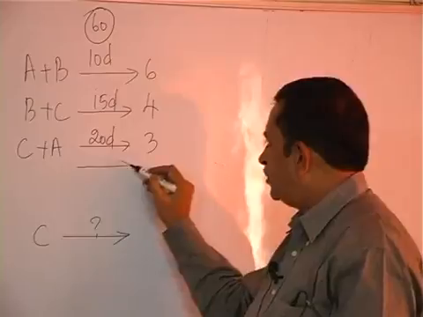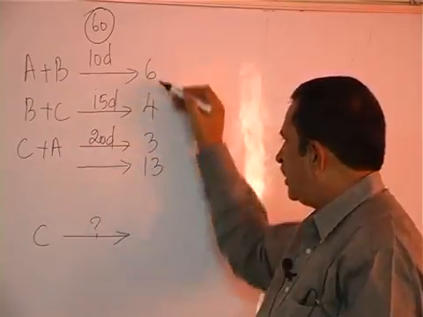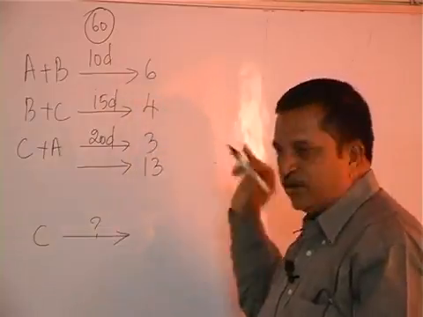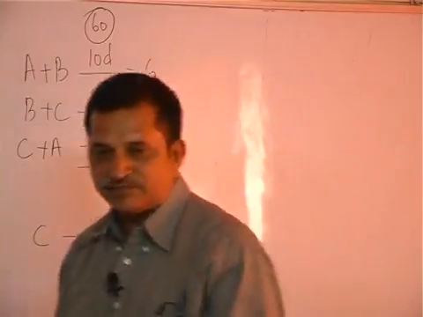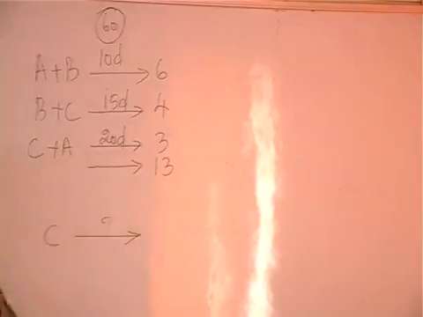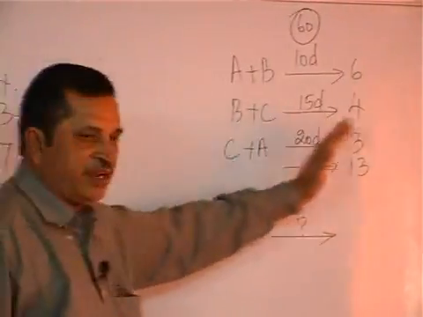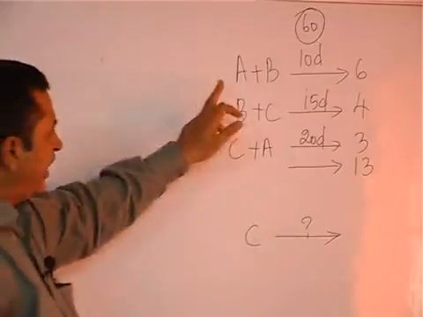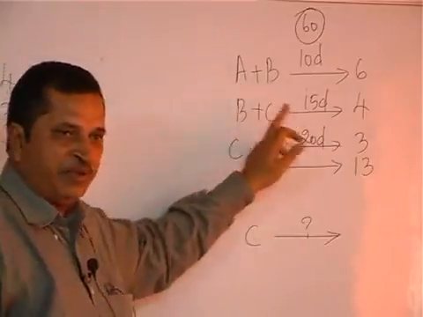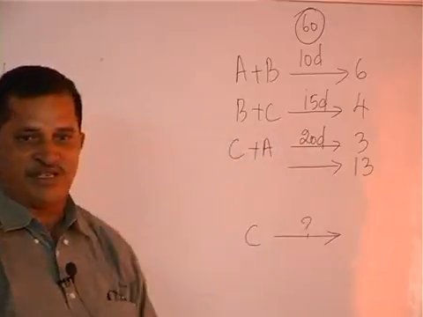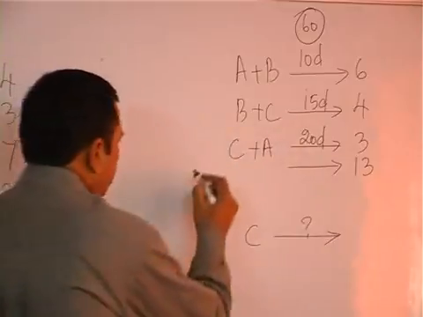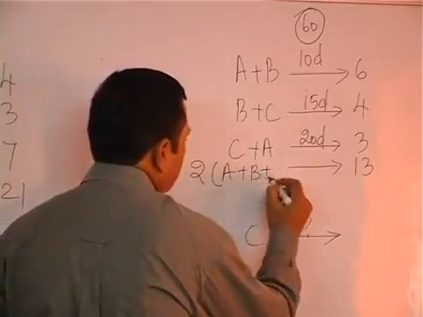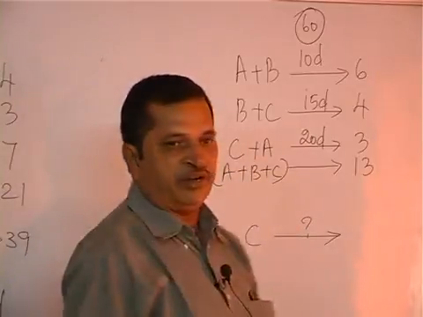Now you tell me, who is doing 13 units? 6 plus 4, 10 plus 3, 13 units. When you are adding the work units on the right hand side, you must add who is working on the left hand side: A plus B, plus B plus C, plus C plus A. That is twice of A plus B plus C are doing 13 units.